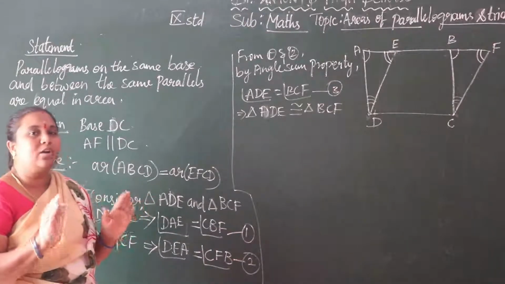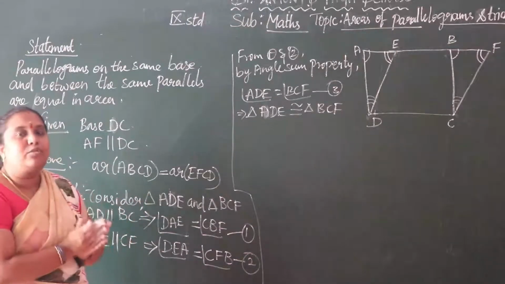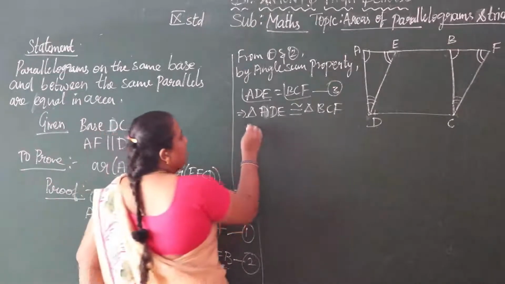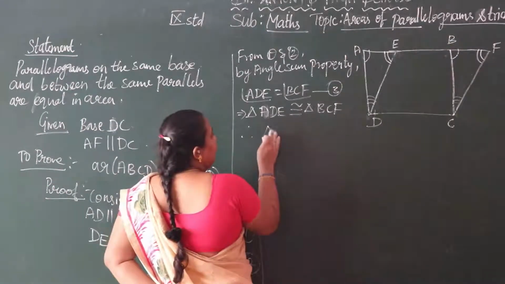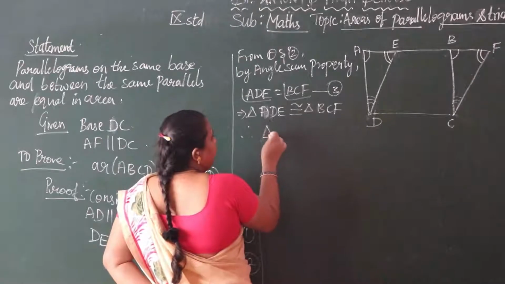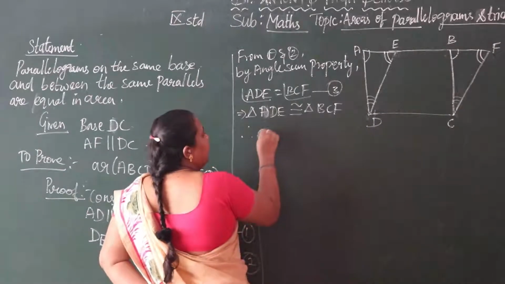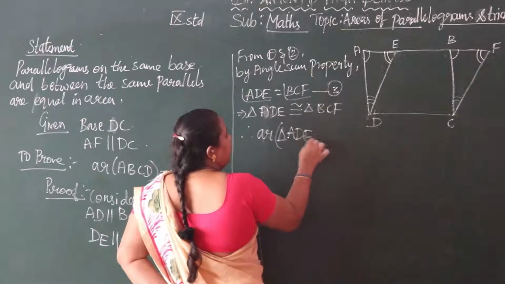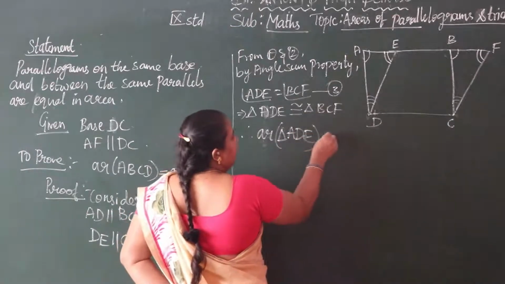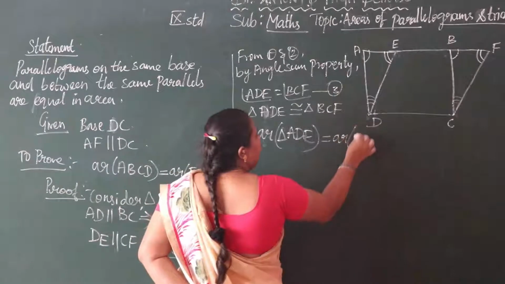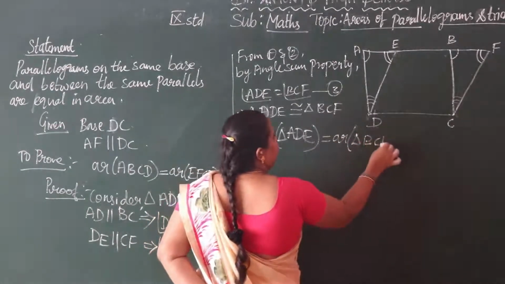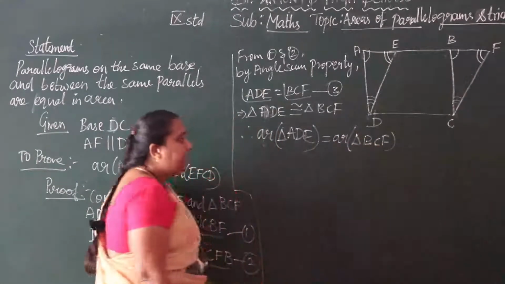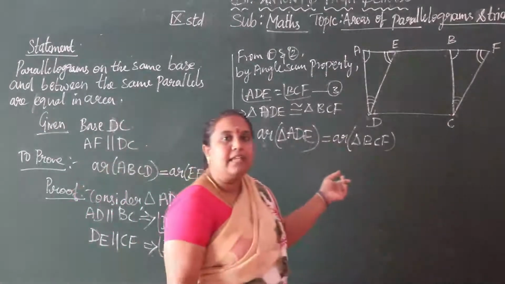Two triangles are congruent means their areas are equal. So therefore, area of triangle ADE equals area of triangle BCF.